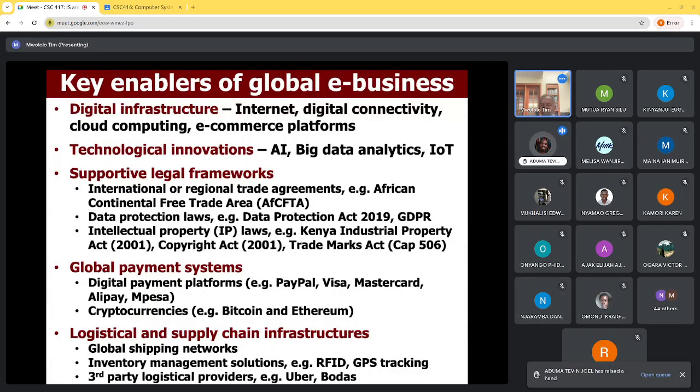Yes. I wanted to ask, especially with regards to the last bit on logistical and supply chain infrastructure. Under the event management solutions, I think it's fair to say it's been 8 months since Uber, Bolt, these ride-hailing apps have switched to electric boda, and we've seen so many charging stations within the city.